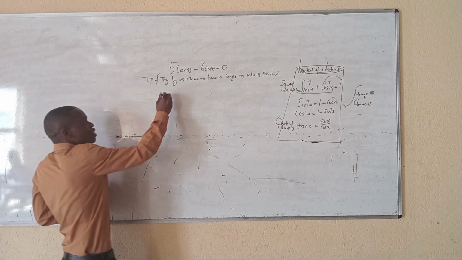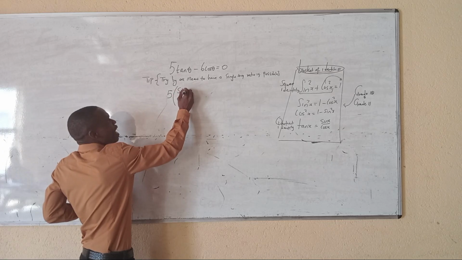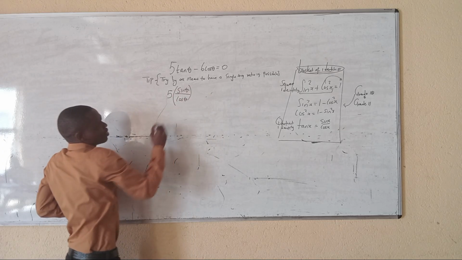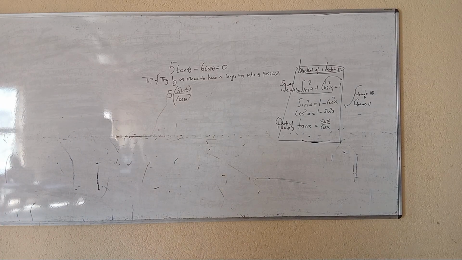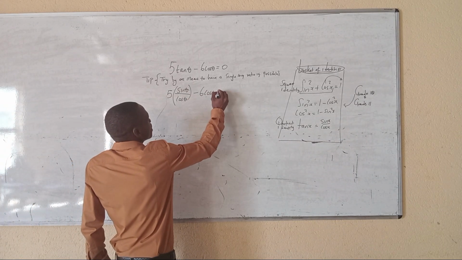We can have 5 sine theta over cos theta. I only change tan theta. Yesterday I said don't write 5 sine theta over 5 cos theta; 5 appears only once. You only change tan. It's sine over cos, minus 6 cos theta equals 0.